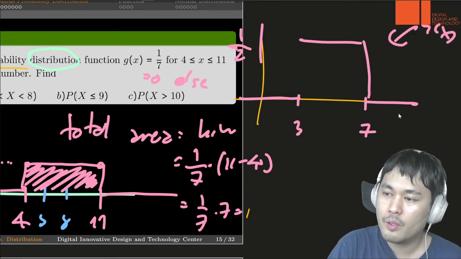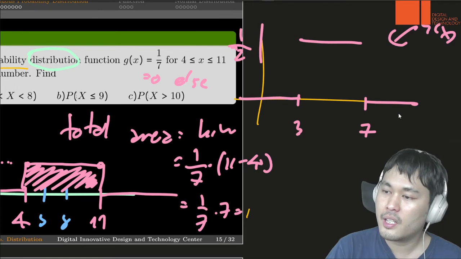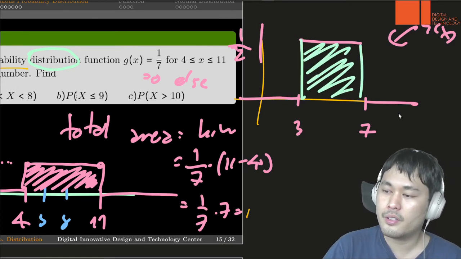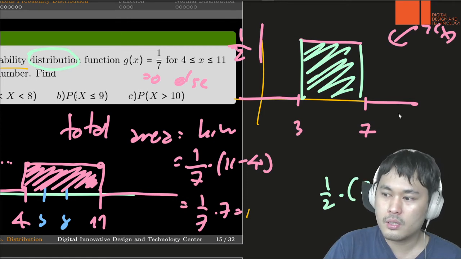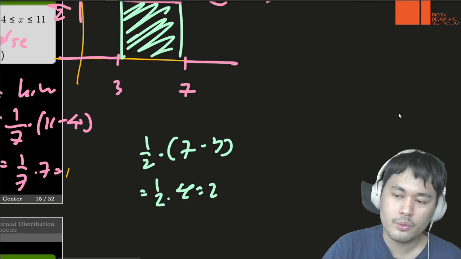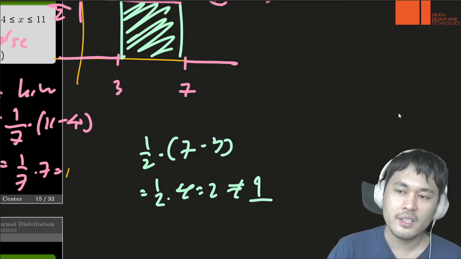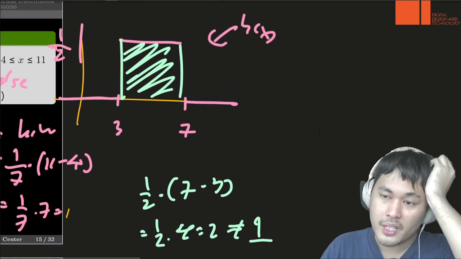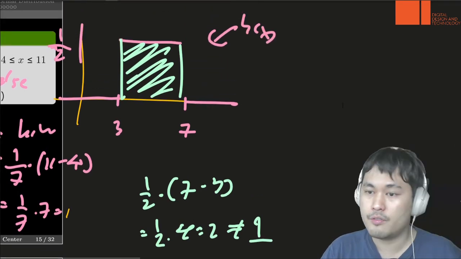Oh, I have to remove these two endpoints. This function has a problem because the area below this curve is height times width, which is 1/2 times 4, which is 2. That's not fun. The area is too big. So that's not a probability distribution function.